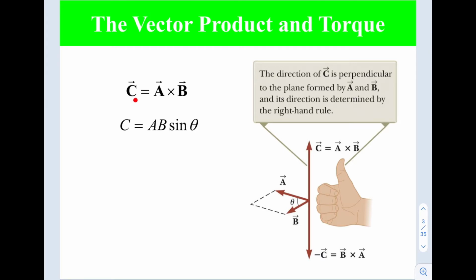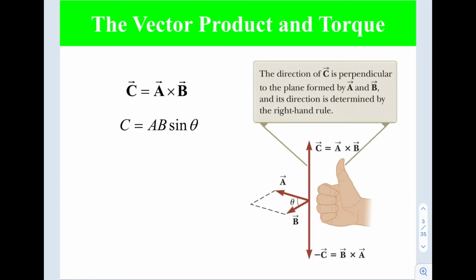So let's learn more about the vector product. For example, here we have C equivalent to A cross B. The magnitude of C is equivalent to AB sine theta. The theta must be the smallest angle between these two vectors.